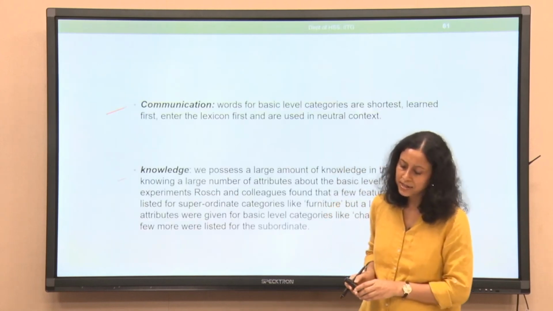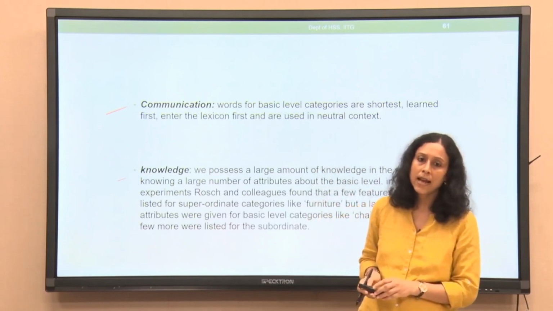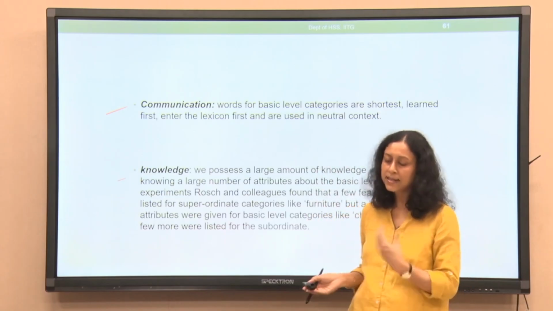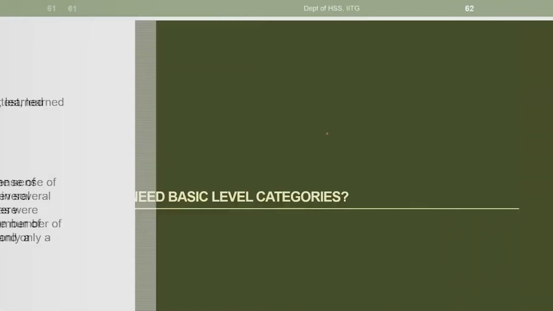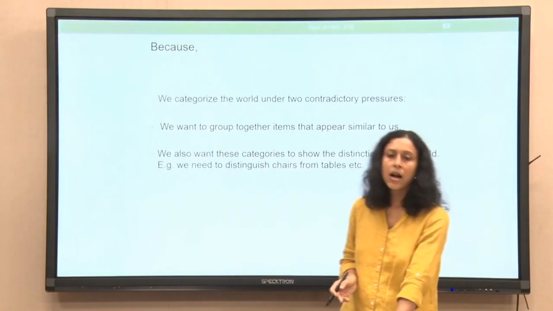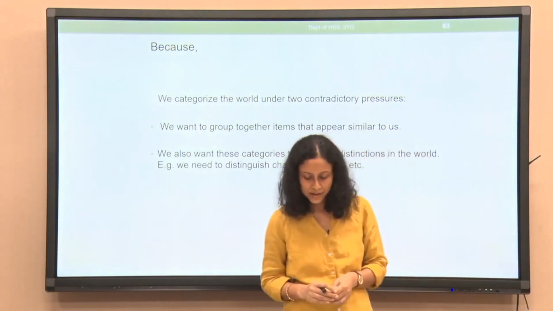Similarly, communication: the basic level categories are usually the shortest, learned first, enter the lexicon first also, and are also used in a neutral context. Again, in terms of knowledge, we possess a large amount of knowledge about the basic level as opposed to the higher and the lower levels of the categorization.